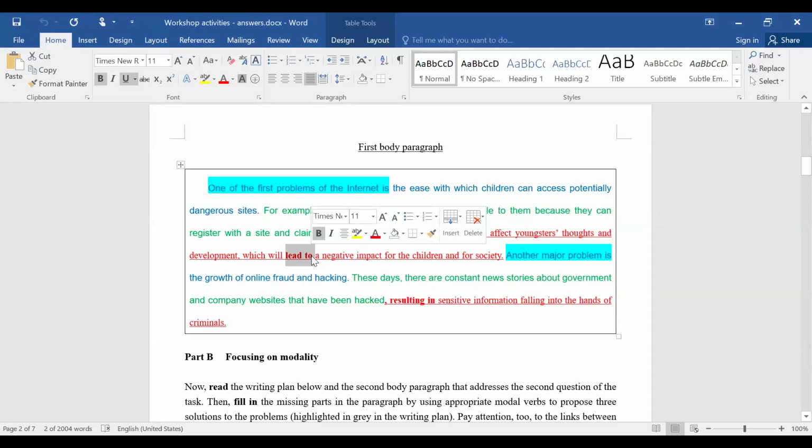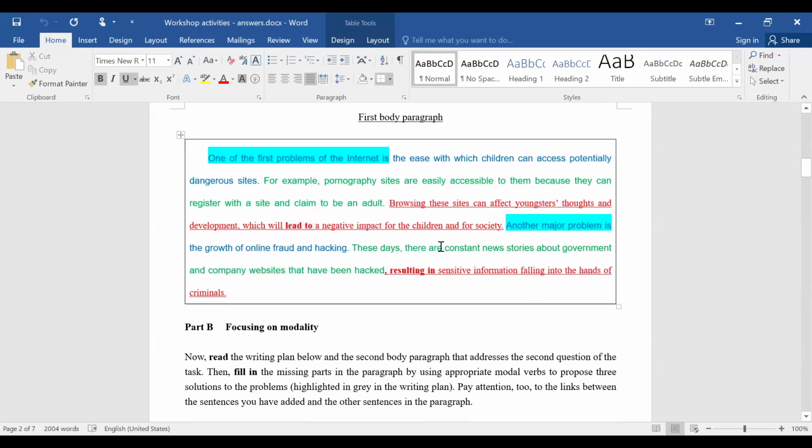Lead to, X will lead to Y. Okay, here, there are constant news stories about government and company websites that have been hacked, resulting in sensitive information falling into the hands of criminals. The reason why I haven't put the full stop here is for me to use resulting in, well, this time it is actually a present participle clause.